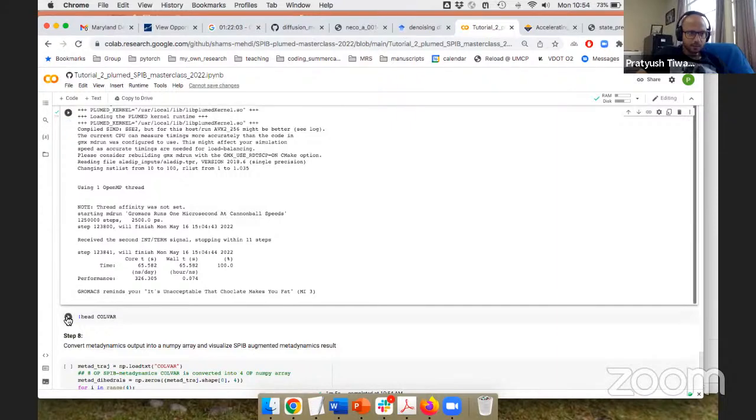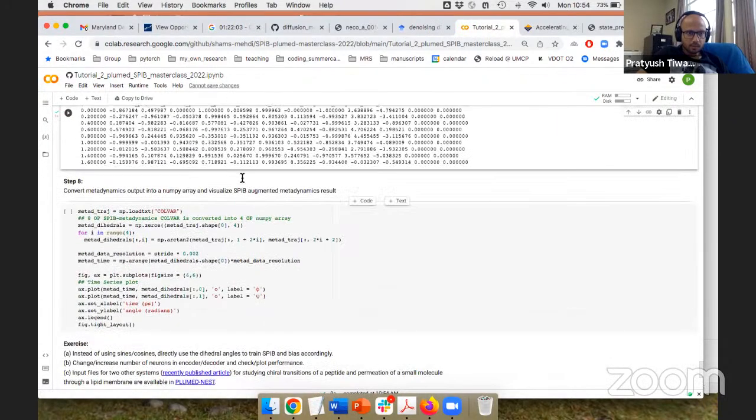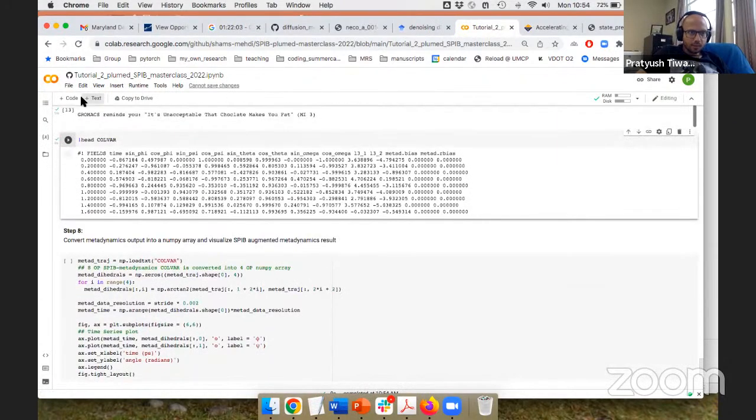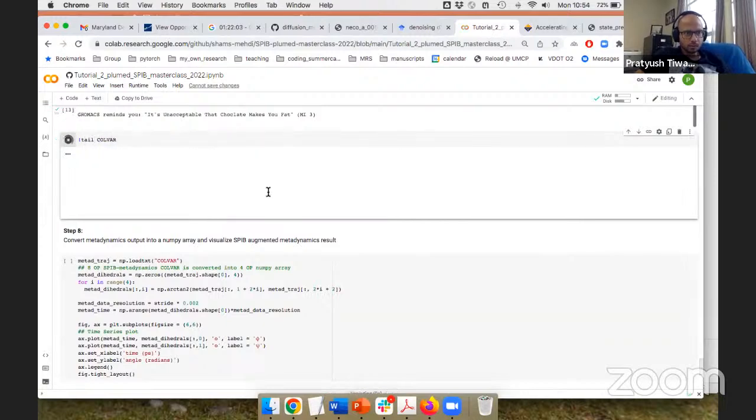Okay, stopped it. Let's print out colvar. Okay, this is the beginning of the colvar. Let's see the head of the colvar, end of the colvar.